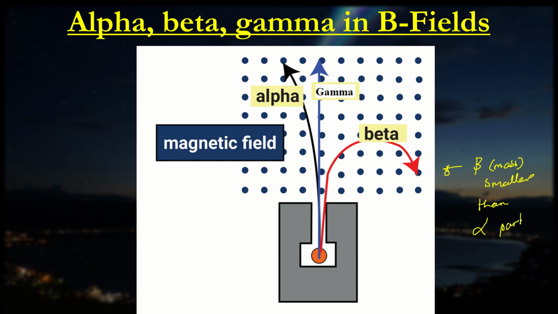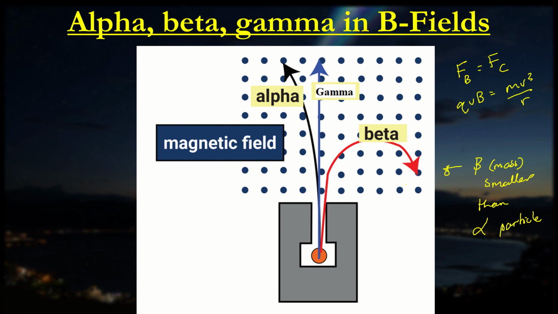Okay, hence why it also bends a lot more. If you recall, when we equate the equations of magnetic force and centripetal force, it gives you an idea of that there. You can work it out from there.